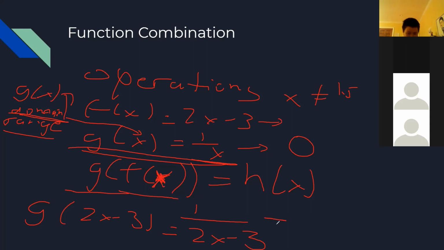Now, this has a hole in its range, as I talked about with hyperbolas, and I might talk about it later. But this can't be 0, so g(x) can't be.